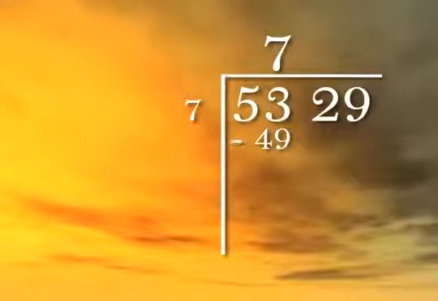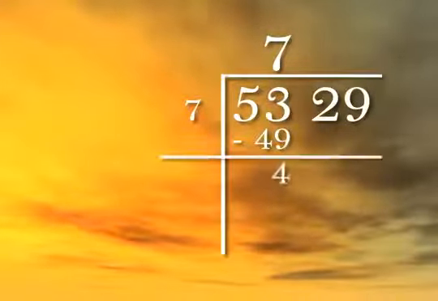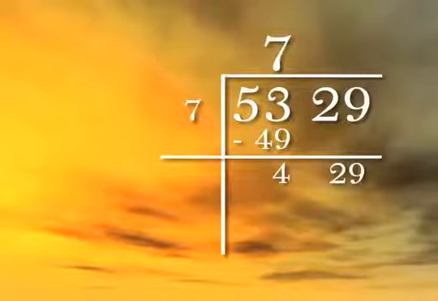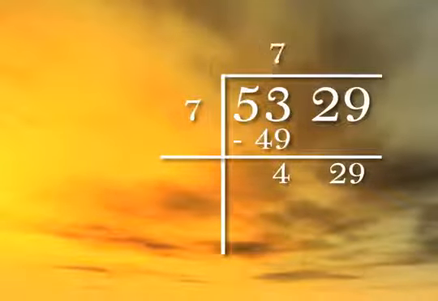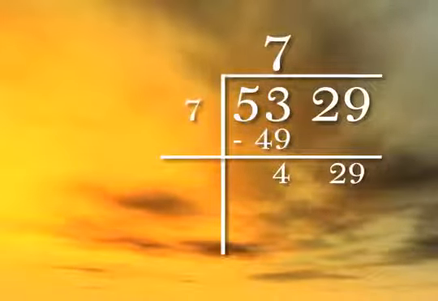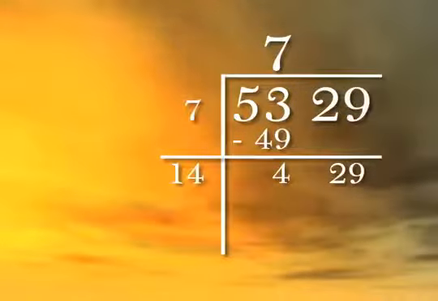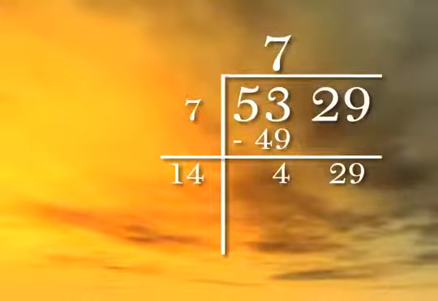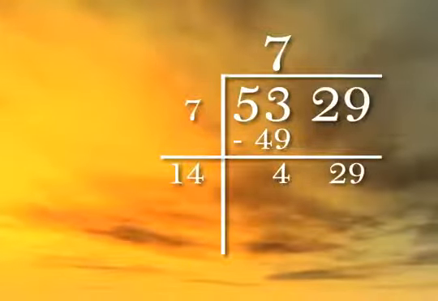53 minus 49 is 4. Bring down the next group. Add quotient 7 to divisor 7 to get 14, and that's the new divisor. So the divisor is 14, and the new number being divided is 429.